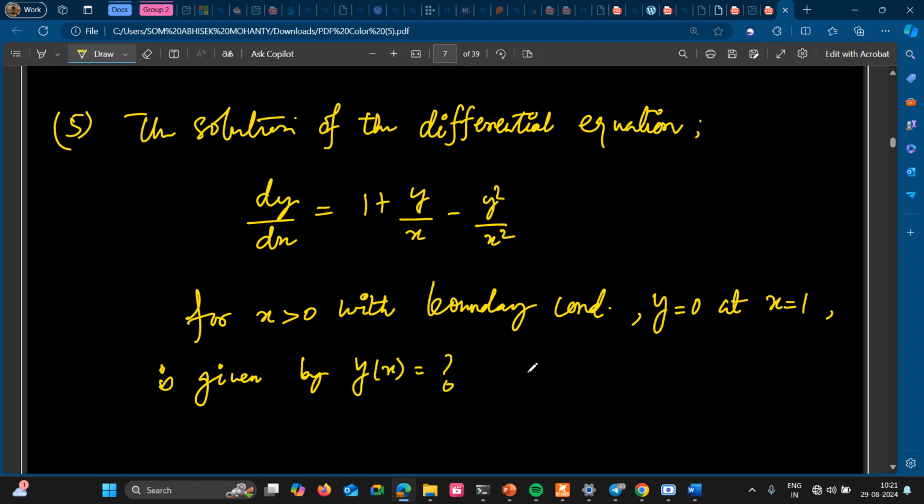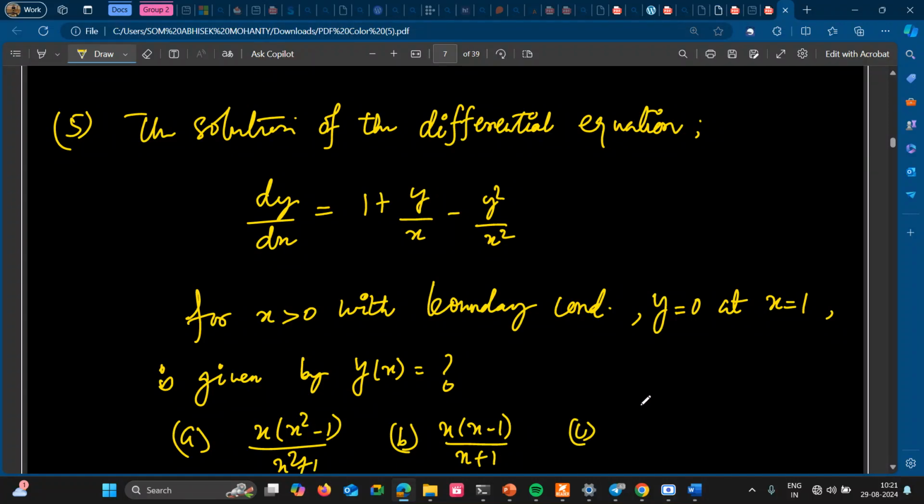The options are: option A, x into x square minus 1 by x square plus 1. Option B, x into x minus 1 by x plus 1. Option C, x minus 1 by x plus 1. Option D, x square minus 1 by x square plus 1.